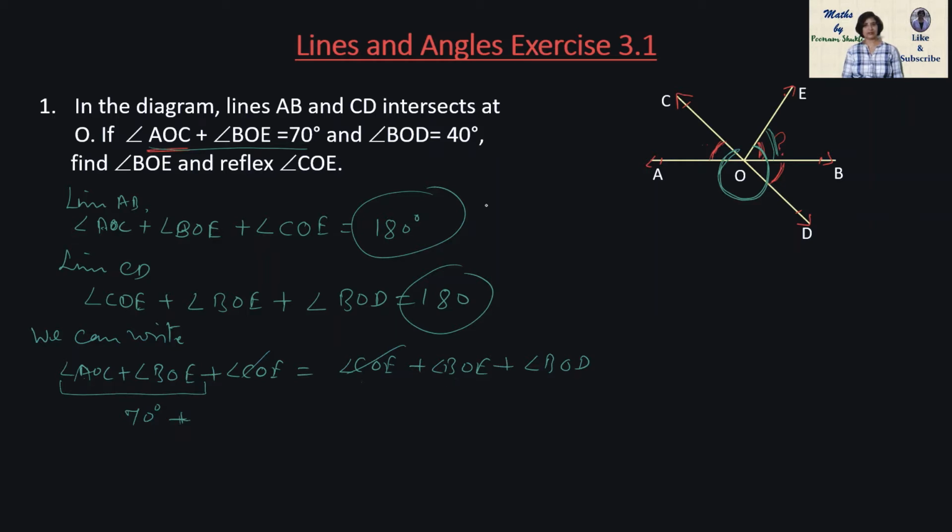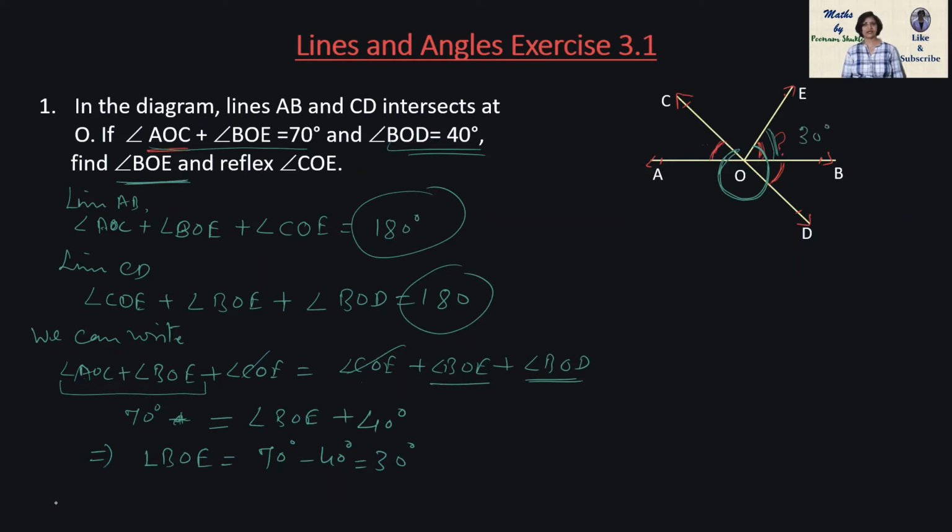Now angle BOD is 40 degrees. So this implies angle BOE equals 70 degrees minus 40 degrees. What do we get? 30 degrees. So one answer we got: angle BOE is 30 degrees.